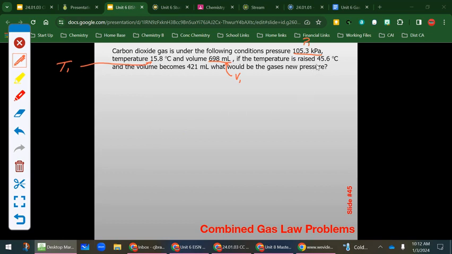All right. 45.6 degrees Celsius. What is that?